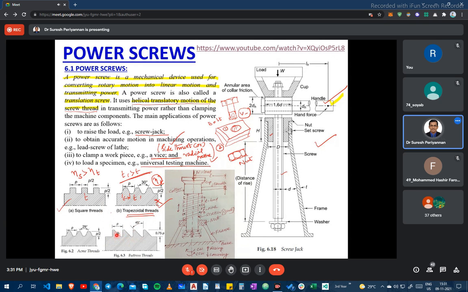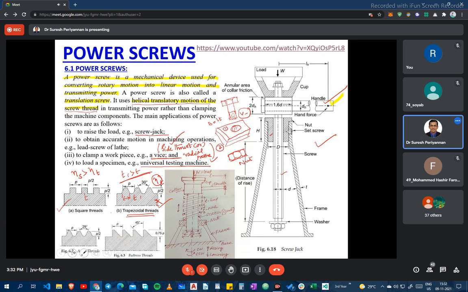This is the buttress thread. It can be accessed in only one direction. But the strength of the thread is more than the other two threads.